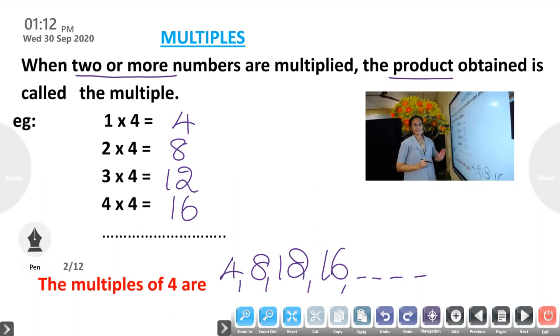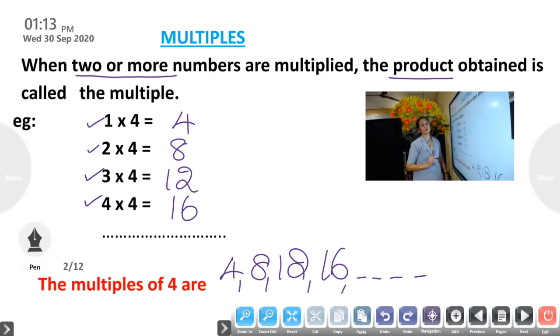So if you have to get the first multiple of a number, what will you do? You will multiply by 1. If you have to get the second multiple of a number, see here, first multiple of 4, 1 into 4, 4. Second multiple of 4 is 2 into 4, that we got as 8. Then third multiple of 4 is 3 into 4, that is 12.